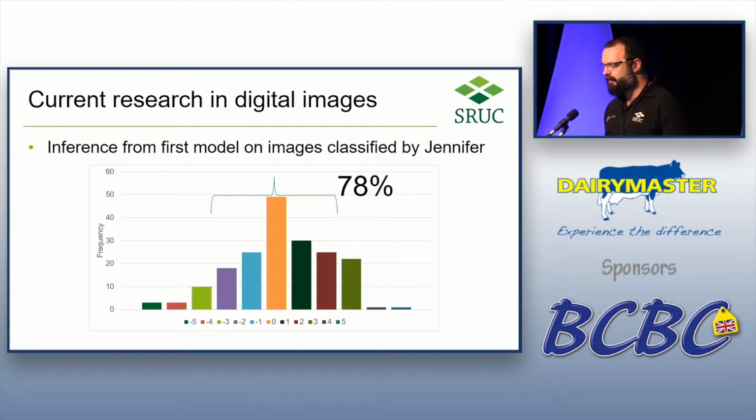We did see that about 78% of the predictions were within 2 points, which is reasonable for a student. Classifying the difference between a 5 and a 6 might not be that apparent. But we were concerned about those extreme ones where you get a -5 or +5. Those were clearly way out.